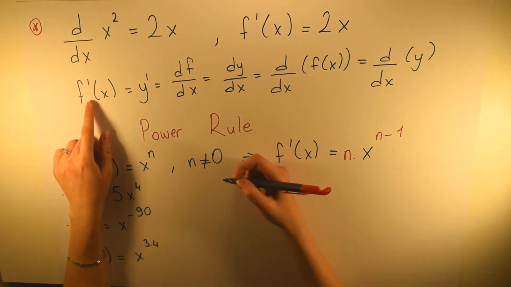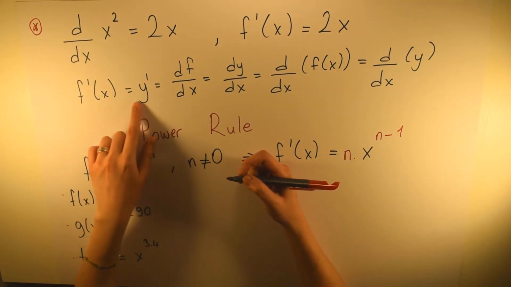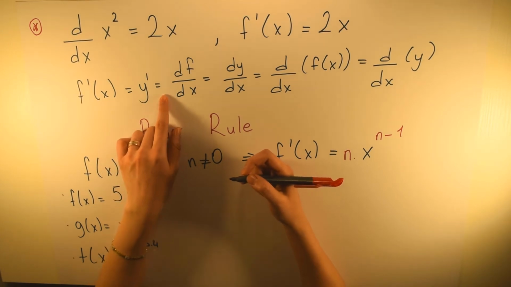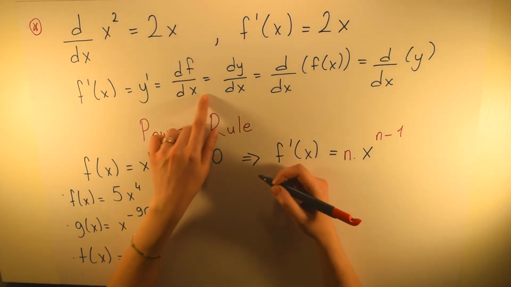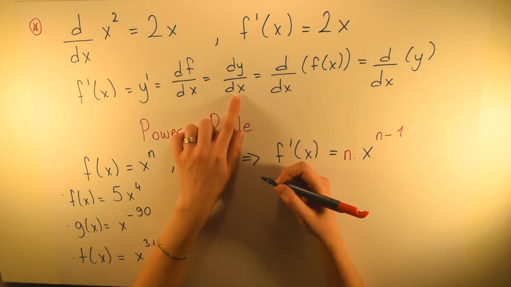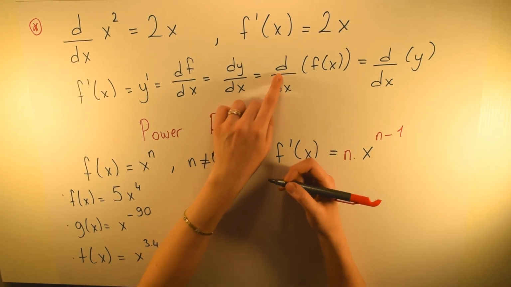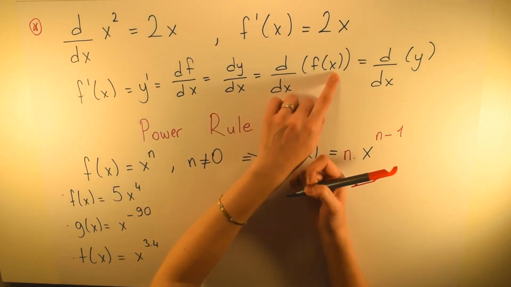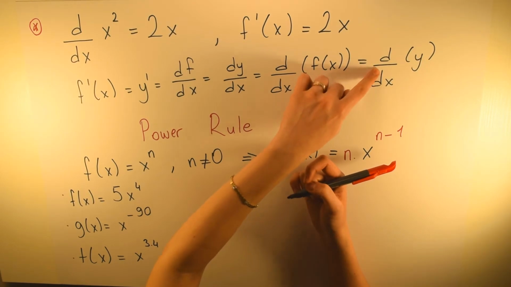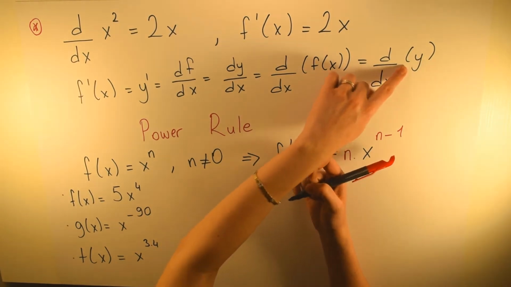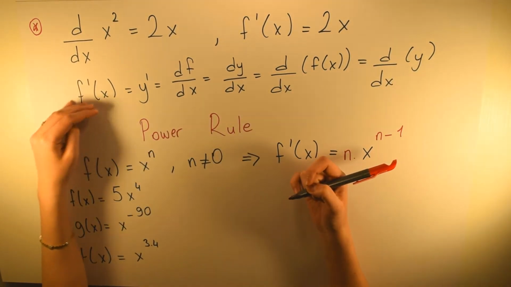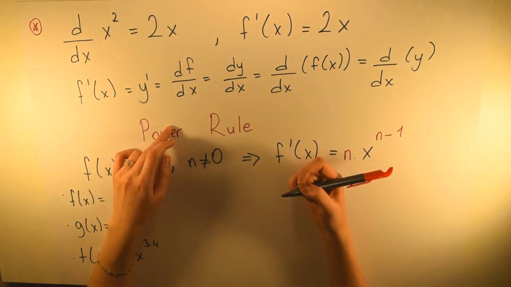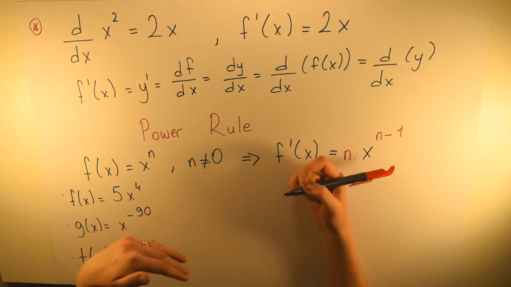And here we have f prime of x is equal to y prime is equal to df over dx, which is equal to dy over dx, which is equal to d over dx of f of x, and this is all equal to d over dx of y. Okay, all these are equivalent and represent the derivative of f of x with respect to x.